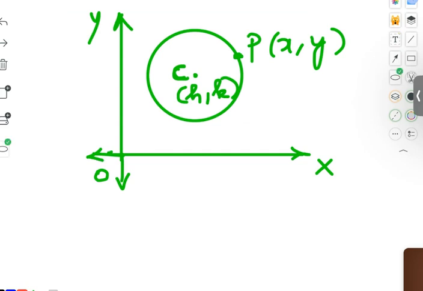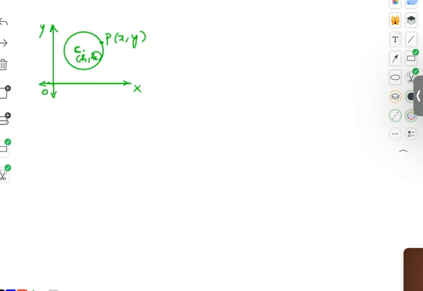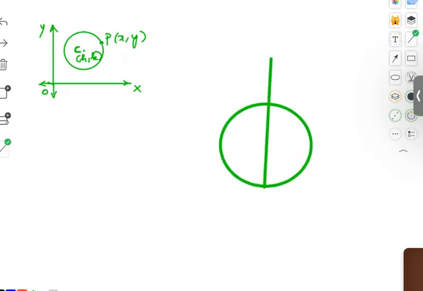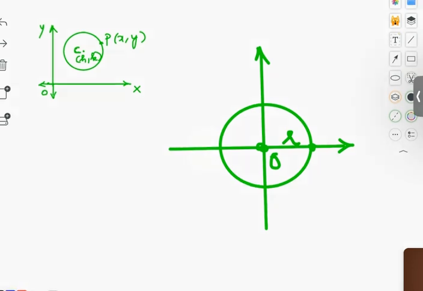Assuming that the center of the circle is at the origin, and this is r, the radius is going to be r.